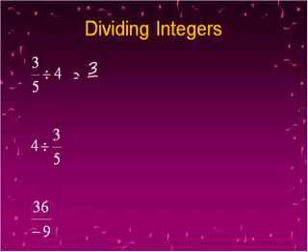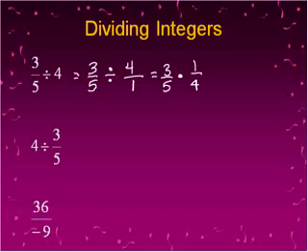Before I write that reciprocal, since 4 is a whole number, I'm going to write it as 4 over 1. Any whole number can be written over 1. Then I change the division to multiplication, and I write the reciprocal of 4 over 1, which is 1 over 4. So you're switching your numerator and denominator. Then I multiply my numerators and multiply my denominators, and I get 3/20.